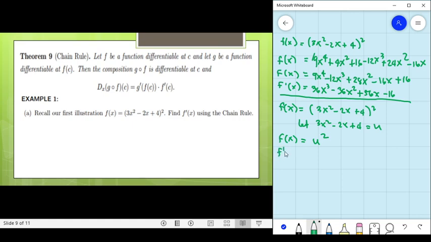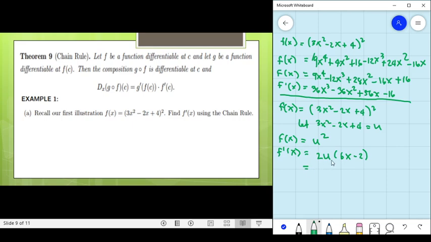So the derivative of f of x is equal to 2u, and then after that, we multiply it by the derivative of the inner function, which is 6x minus 2.